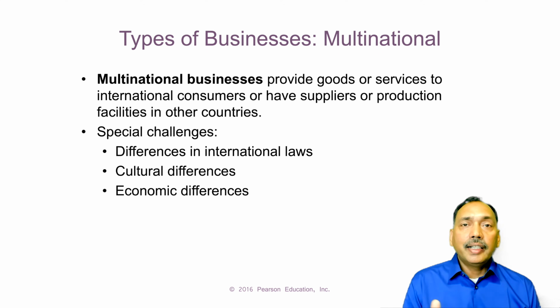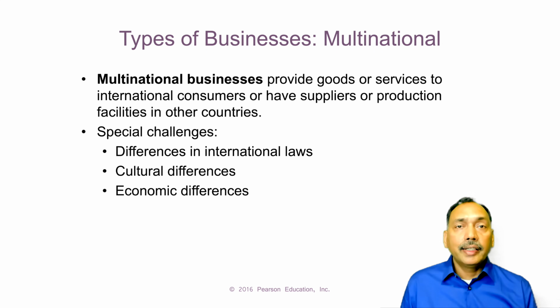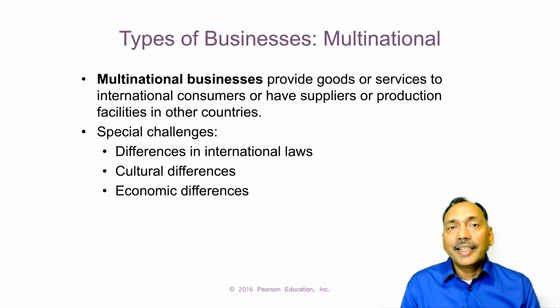If they are present in several different countries, they have to follow the rules and laws of that country. Each country may have its own import and export laws or safety regulations, copyright and patent related laws. So all that has to be addressed.